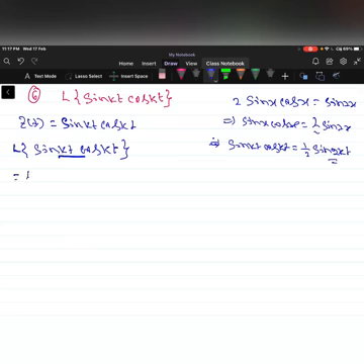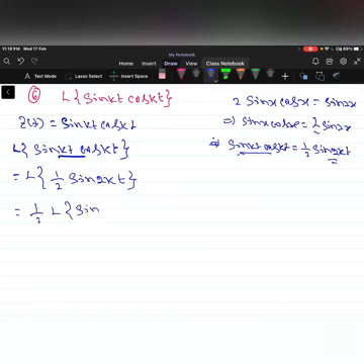So therefore this is equal to Laplace of, by using this formula, 1 by 2 into sin 2kt. So now take the 1 by 2 constant outside, Laplace of sin 2kt. So Laplace of sin 2kt using Laplace transformation of some standard elementary function. So we know that Laplace of sin at, we derived the formula a by s square plus a square, here where a is 2k.